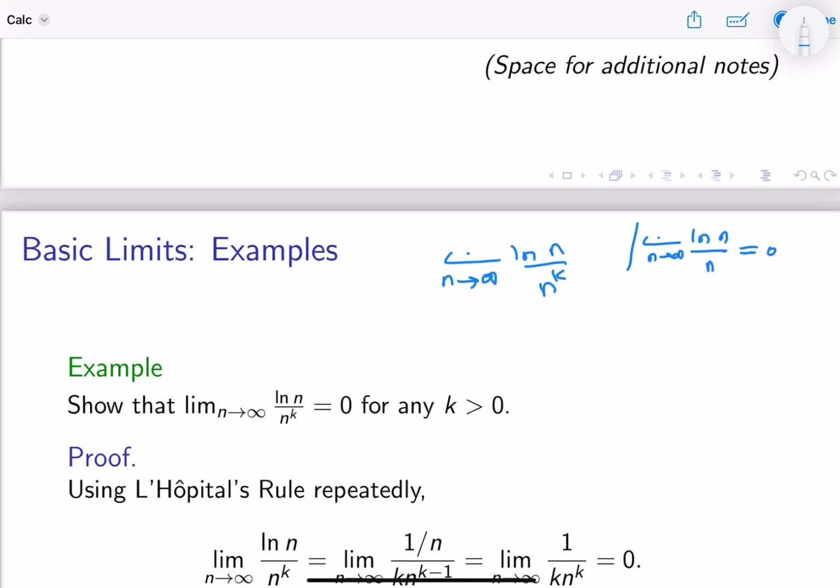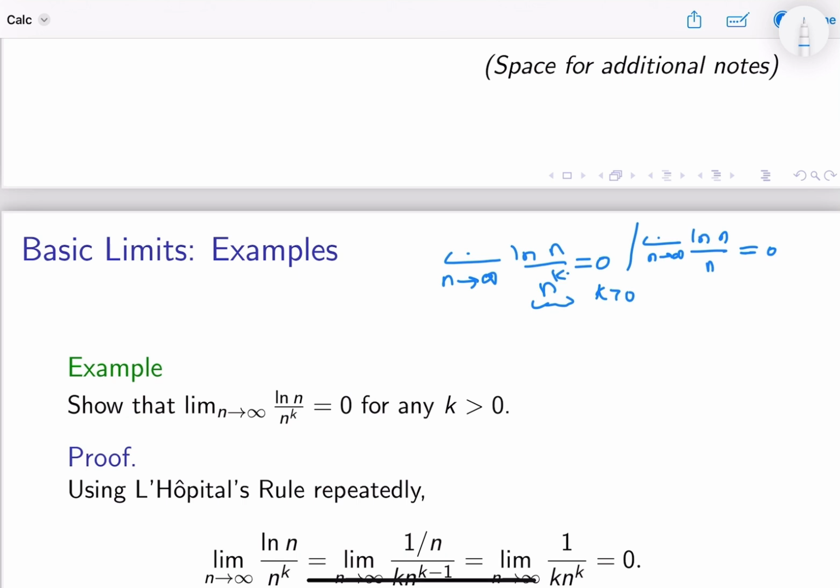So intuitively, because we're dividing by a bigger power of n, a bigger number, you should think that this is 0, of course for k a positive number. But why is it really 0? Is it immediately obvious?